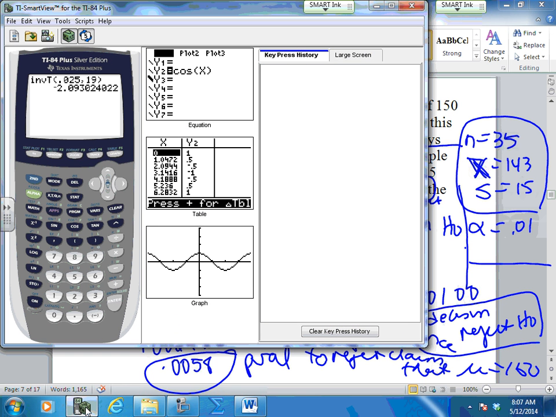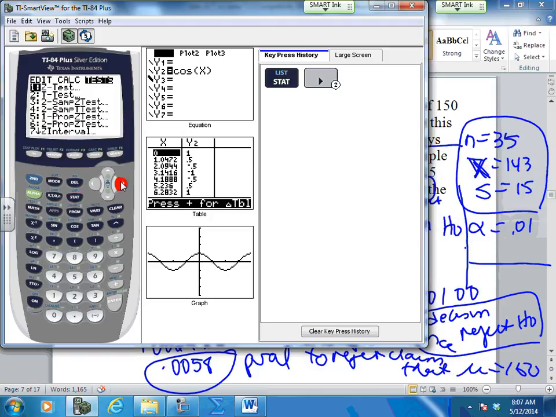Okay, good, that wasn't so bad. So, if you have a calculator, you hit stat, you go to test, and the very first one is z-test. You have a z-score because we're using a large sample greater than 30. We're testing the hypothesis.